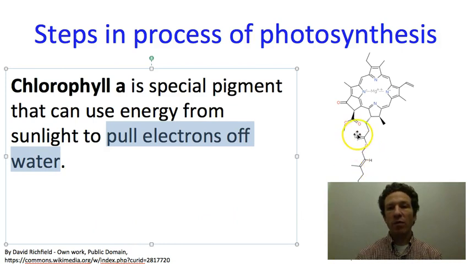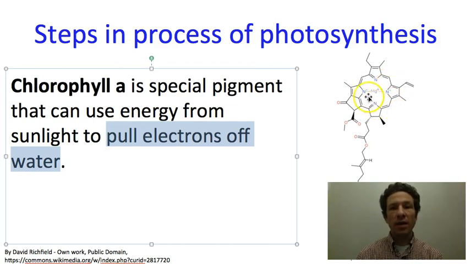Here's a diagram of what chlorophyll A looks like. We're not going to worry too much about the specifics here. If I want you to notice something, let's focus on the details of what happens inside here. First, you can see that there is nitrogen, that's these 4 N's, and this is important because it lets us understand from the plant mineral nutrition chapter why it's important that plants have nitrogen.